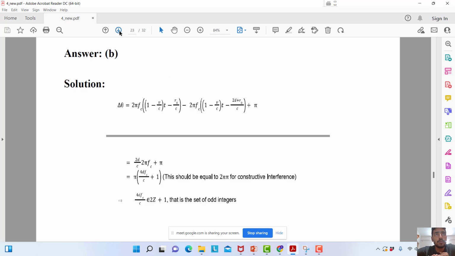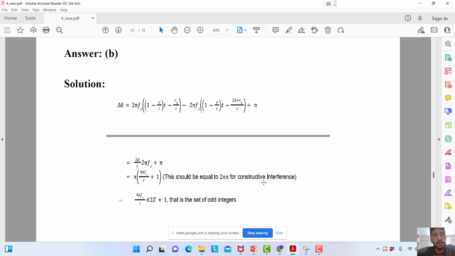Okay, so we just calculate the phase difference between both terms. This is the phase for the direct term. This is the phase for the reflected term. By calculating this, we can comment that this is the right term. We can take pi common, so it will become 4d fc upon c plus 1. For constructive interference, this should be equal to 2n pi.